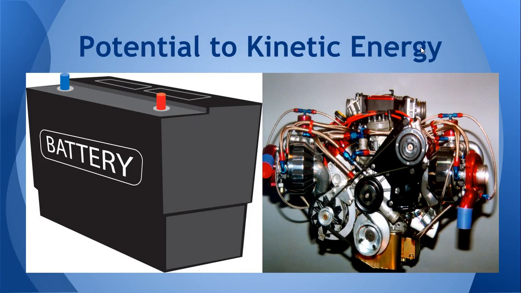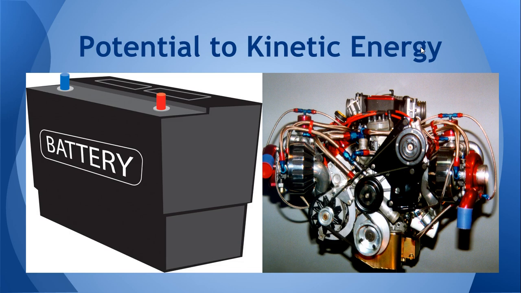Okay, another part of the circuit we need to talk about is the energy source. What's happening is you have potential energy in the battery, and then the electric charge is flowing through the circuit to power something. So it's becoming kinetic energy or moving energy. In this case, the car battery will provide the charge that's going to run the engine or the motor.